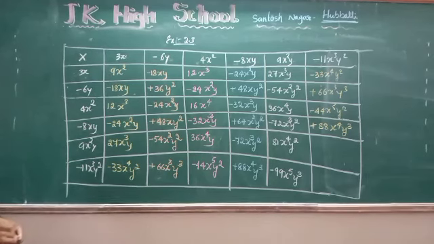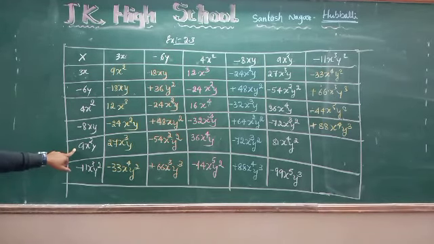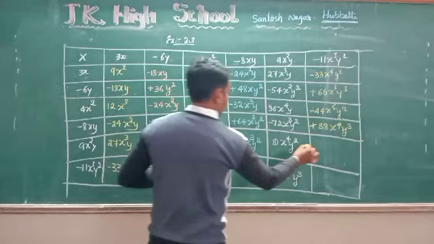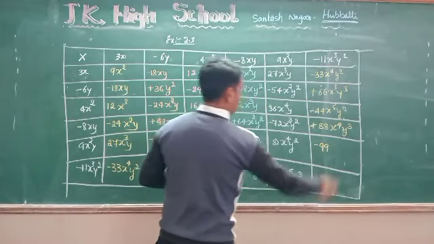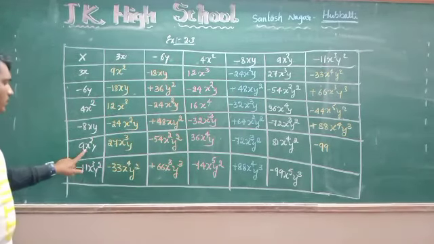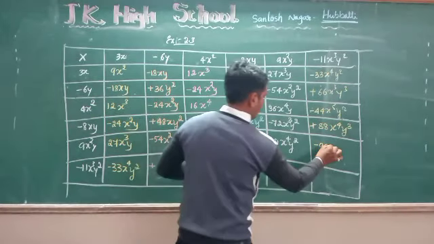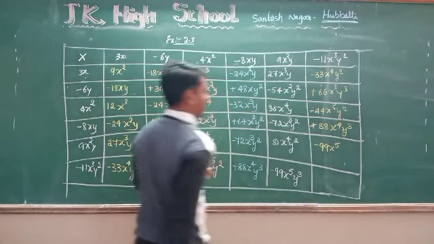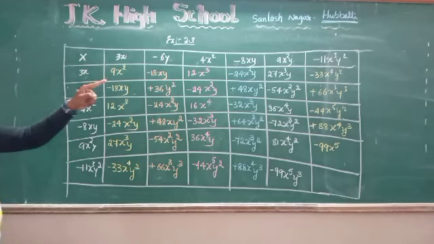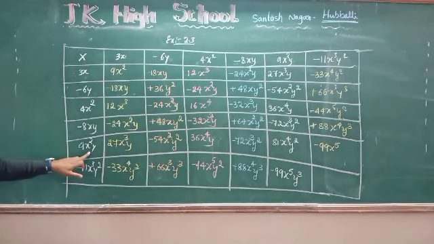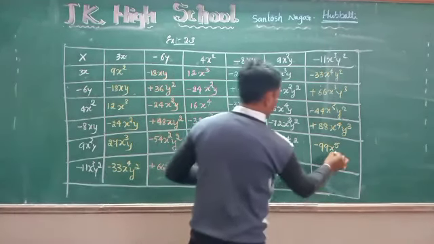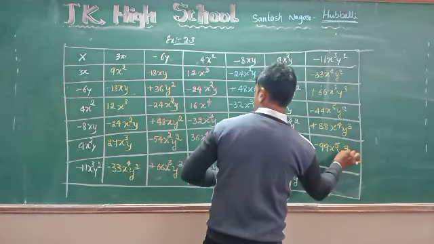So you got the next one? Yes. 9 11s are minus 99. x cube into x square, x to the power 5. Correct? Next, y square into y, y to the power 3.